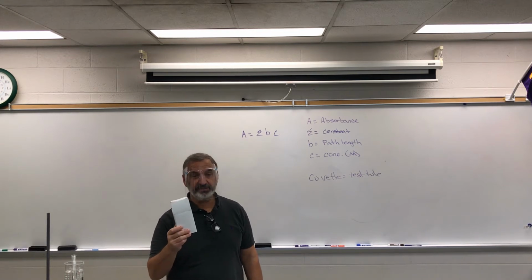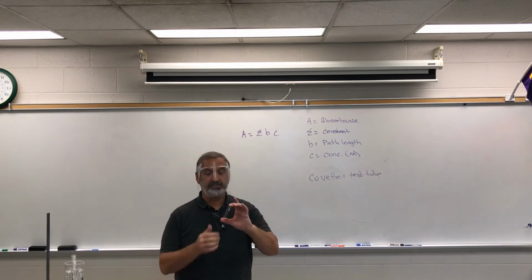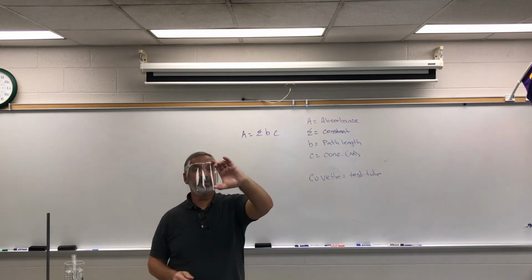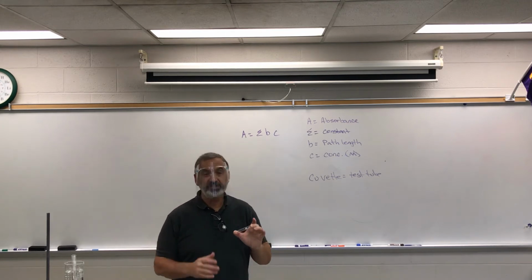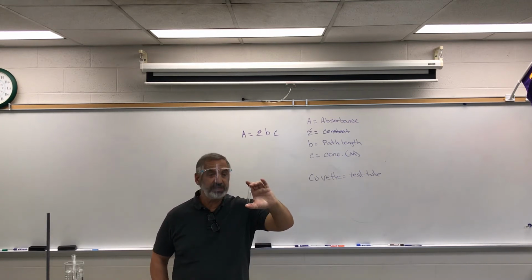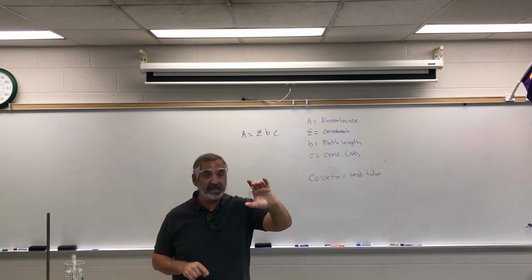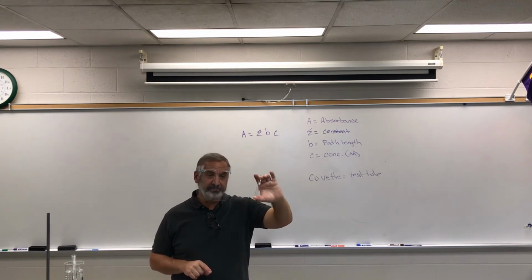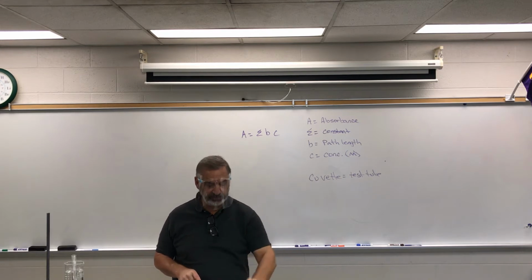This box costs $50. So we keep these separate. It's got a little arrow on it. Because they're expensive, they're all pretty much the same, but we still want to use the same one, but the path length, for all practical purposes, is going to be exactly the same, within millimeters or less difference between one cuvette to the next.